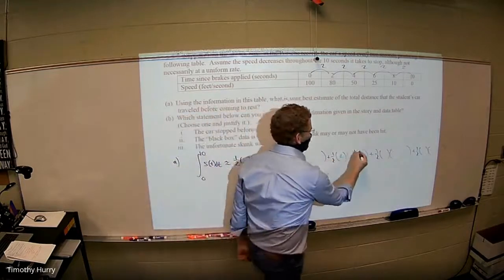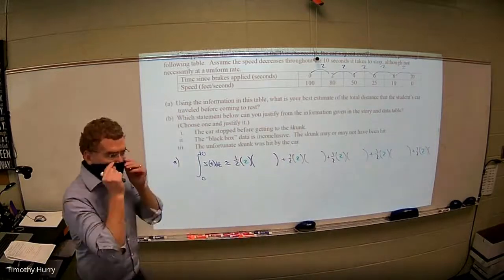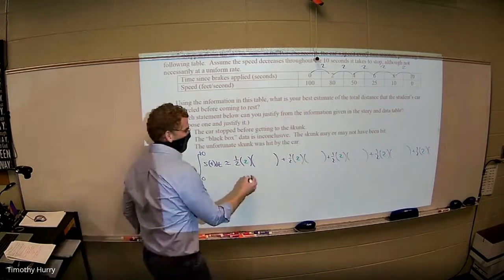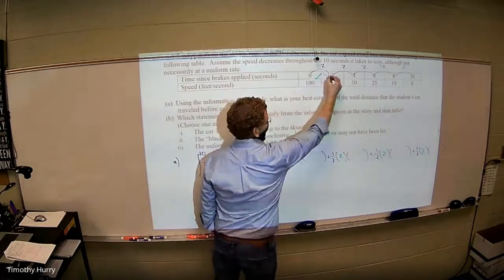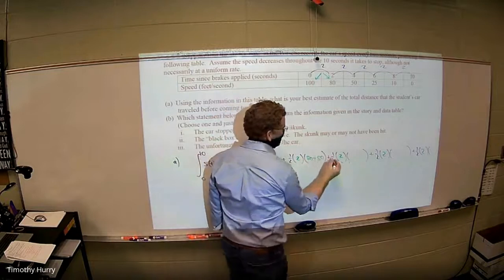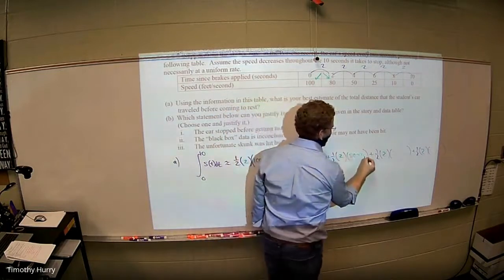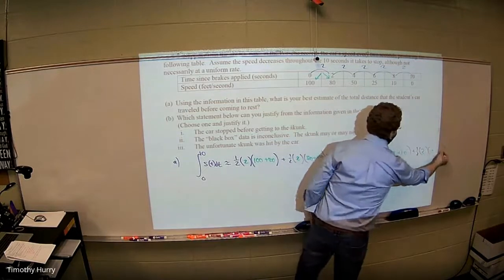Makes my life a little easier because that's going to cancel all of those 1/2s. And then what is the sum of the heights? So 100 and 80, an 80 and a 50, a 50 and a 25, a 25 and a 10, a 10 and a 0.